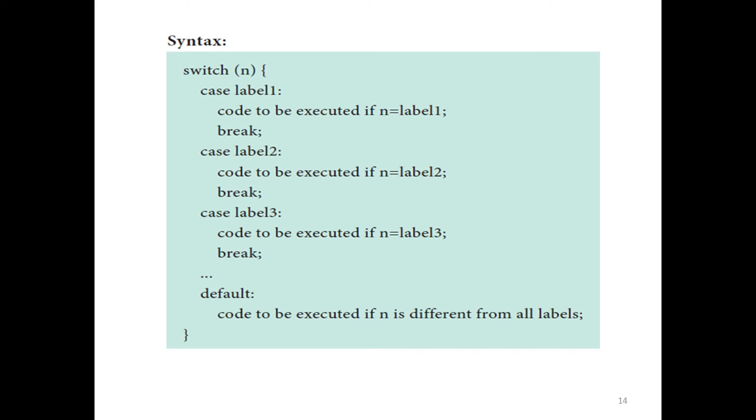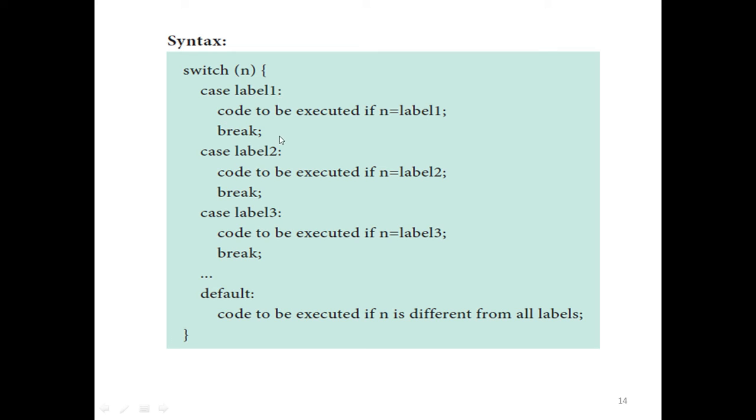Okay, then the last one, the switch case statement. The switch case is the alternative to the if else if statement, which executes a block of code corresponding to the match. It means an alternative for the if else. See the syntax, very simple. Switch n, where n is a variable. Case label 1, code to be executed if n equals label 1, and so on based upon the label number.